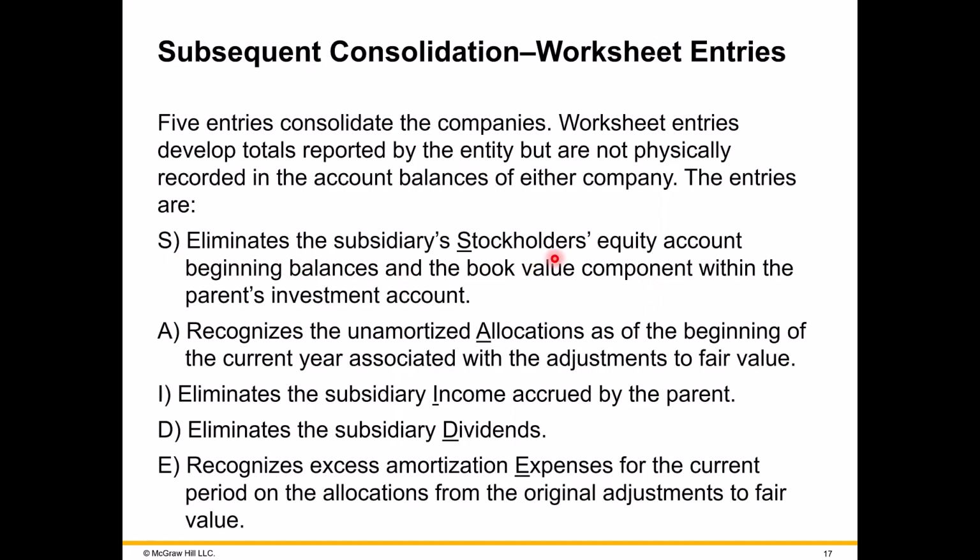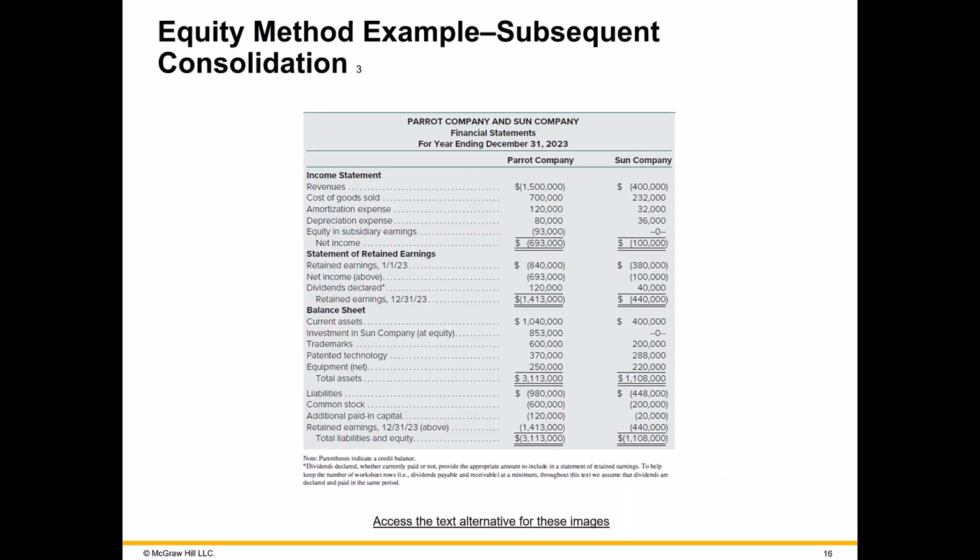Oh yeah, and then when you get rid of those accounts, let me go back again. Debit, debit, debit to get rid of those three accounts. Tell me, what are you crediting at the same time? What's one of the main accounts we're trying to get rid of on the consolidated worksheet?